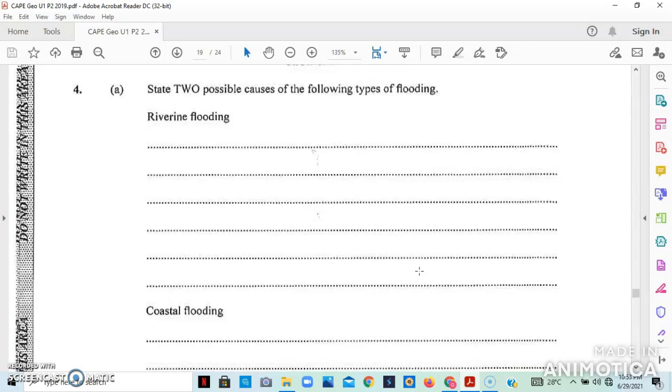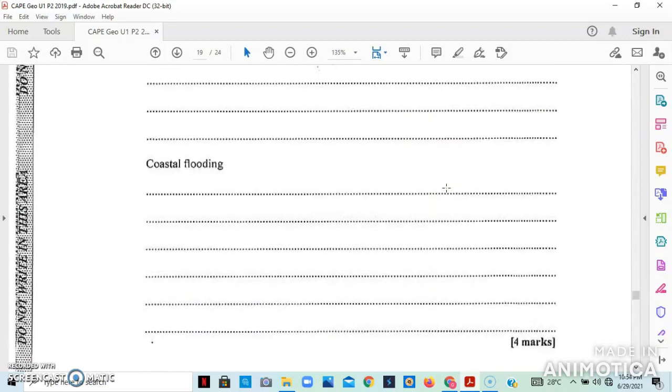It is basically caused by heavy snow melt, heavy rainfall, or when a dam releases water. Once you're able to state 2, you should get your marks there.